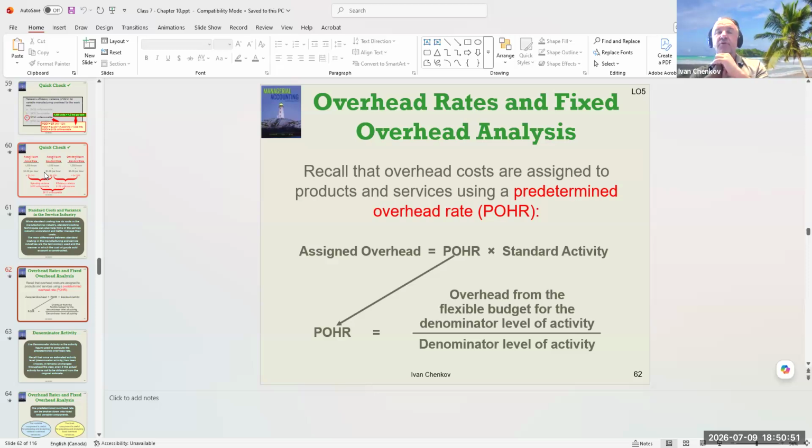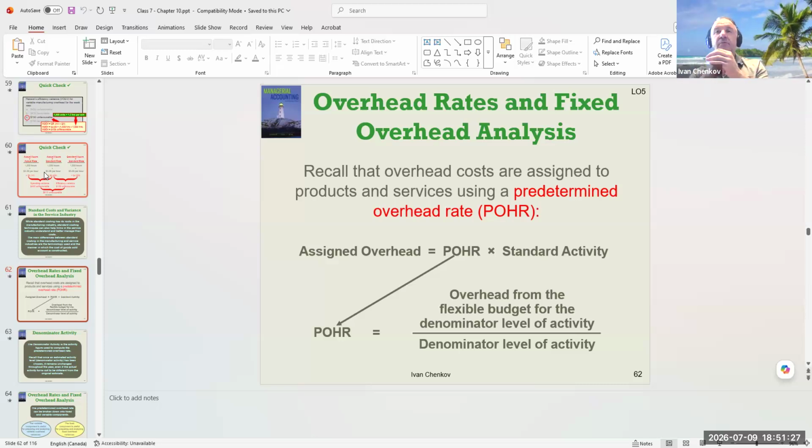If you still remember on job costing, which was chapter 5, we had the problem with the manufacturing overhead. How are we going to allocate manufacturing overhead when manufacturing overhead combines so many different costs coming from the different periods of the operating cycle of the company? And we decided that we're going to have a predetermined overhead rate. For the predetermined overhead rate, we're going to assign it based on the activity that we have.